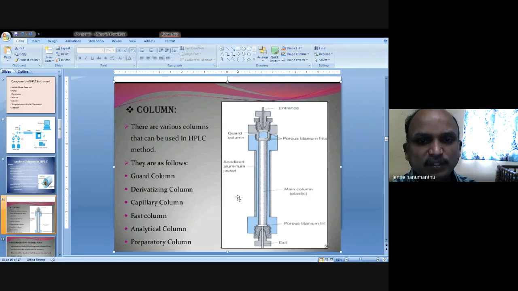Then derivatized columns, and sometimes capillary column, fast column, analytical column, preparative column. As per your requirement, the sample to be analyzed, which column is suitable for this? Select accordingly from the available columns.